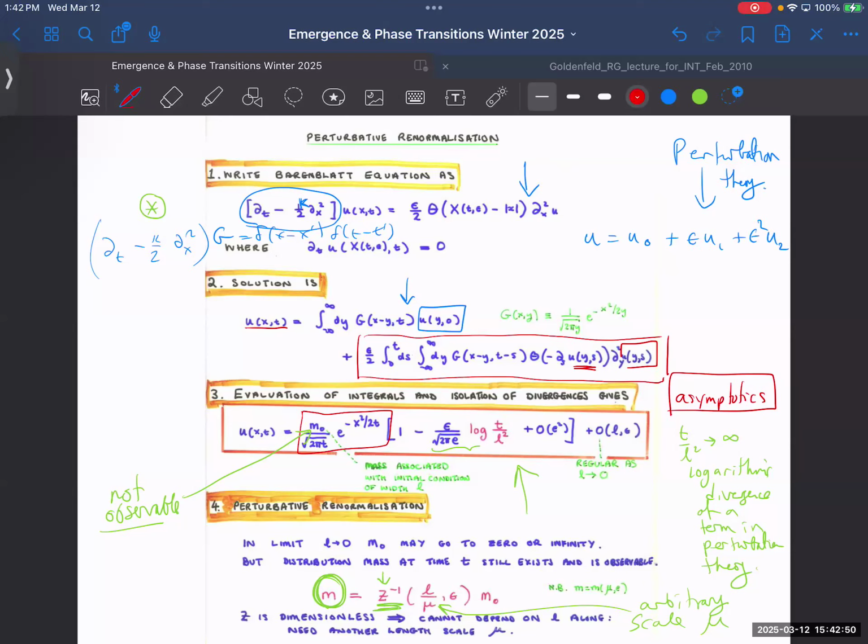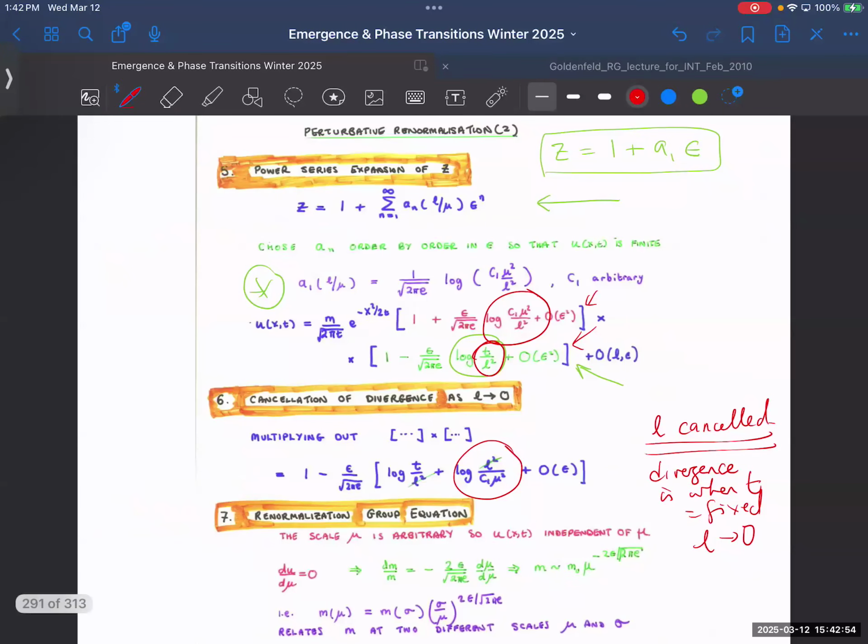I get a logarithmic divergence of the log of L squared. Well, I've just cancelled out L squared. So what happens to the terms that I kept when I send L to 0? Nothing, because L isn't even there anymore. Okay, that's the renormalization process. I've turned an infinity into something finite, at least to this order in epsilon.